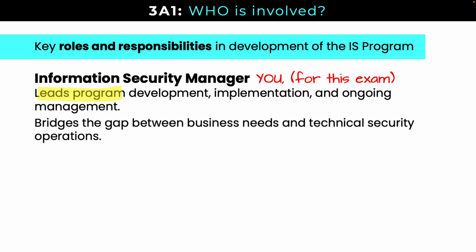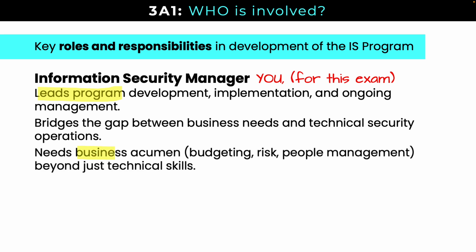They bridge the gap between business needs and technical security operations. And they do need business acumen. They need to understand budgeting, risk, people management, beyond just the normal technical skills that an information security manager would have from previous experience in their career. So they're really wearing multiple hats in that respect.